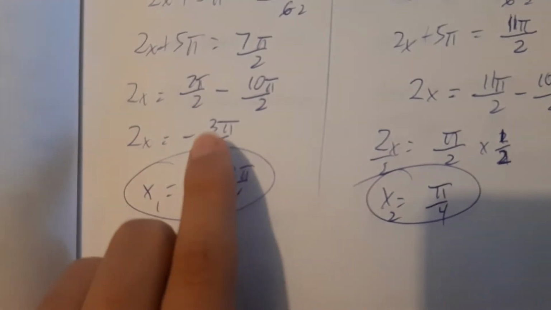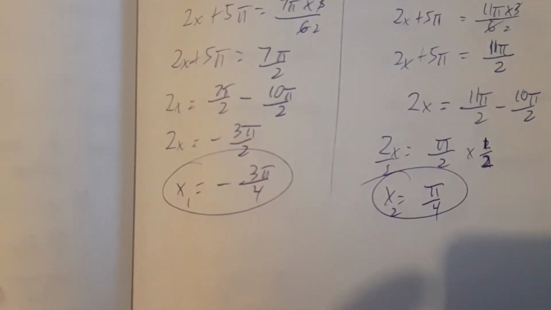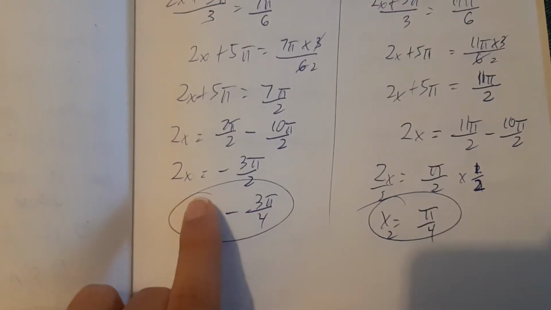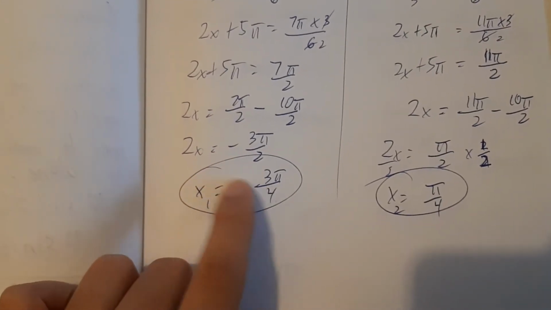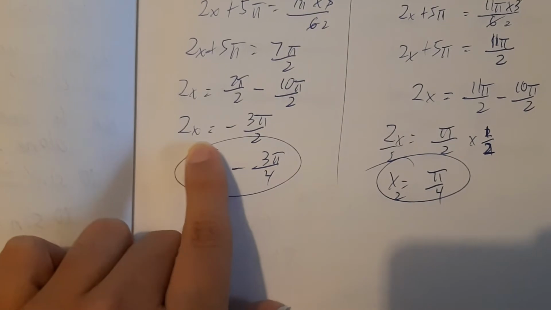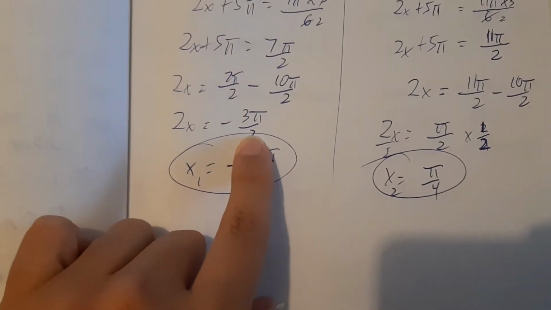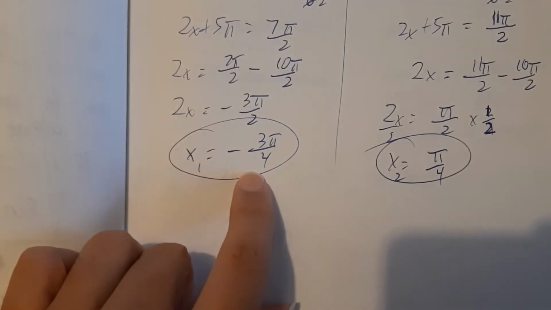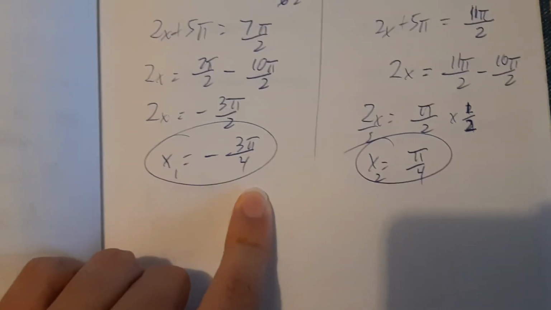We subtract, 7 minus 10 is equal to negative 3. And what we're left with so far is that 2x is equal to negative 3 pi divided by 2. We solve for x, dividing by 2, and negative 3 pi divided by 2 divided by 2 once again is equal to negative 3 pi divided by 4.